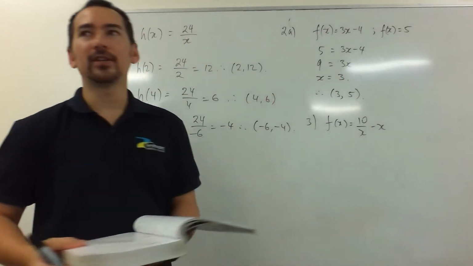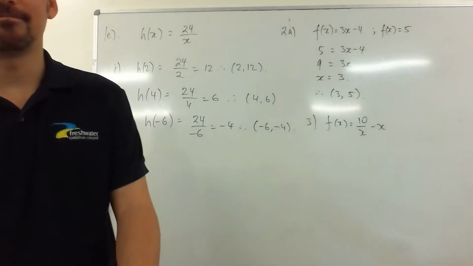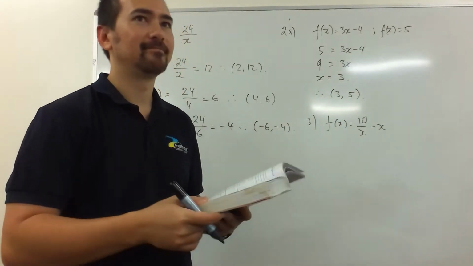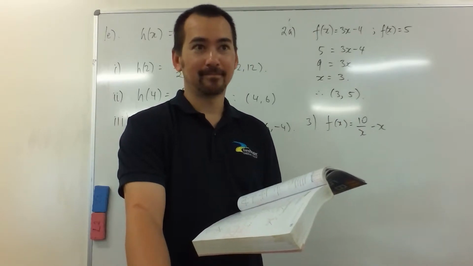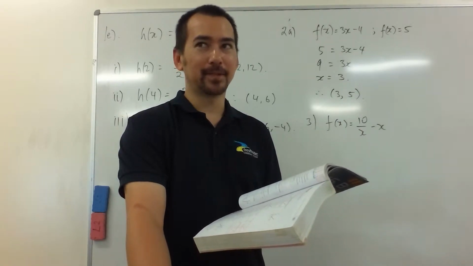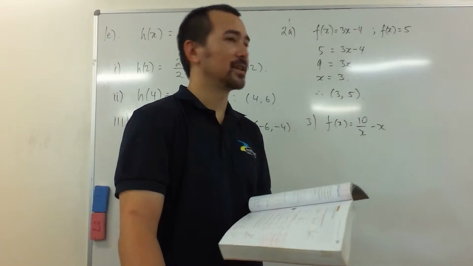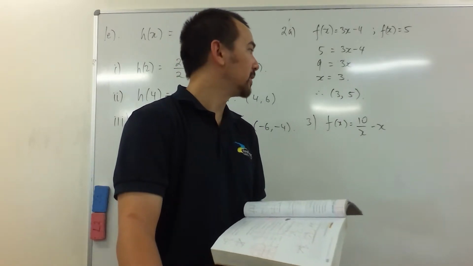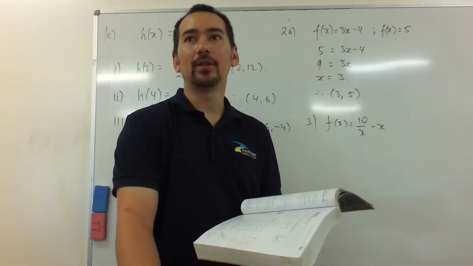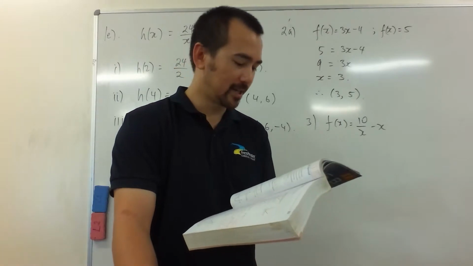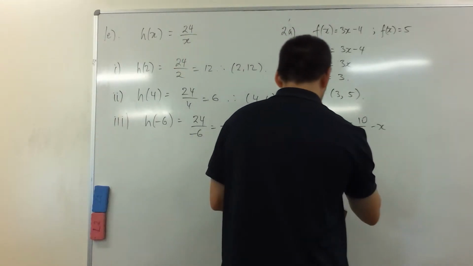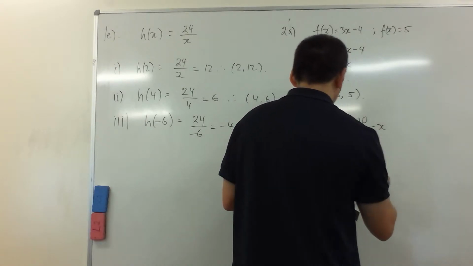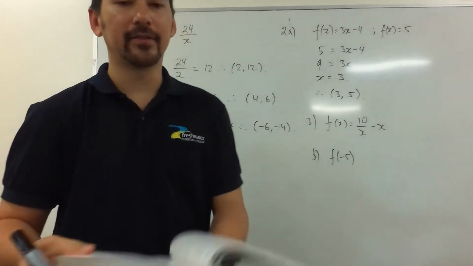What type of function is this one? You're all stumped. Because it's a combination, isn't it? It's a combination of a linear function with a hyperbolic function. Okay. All right. 3b asks us to solve the function when x is equal to negative 5.